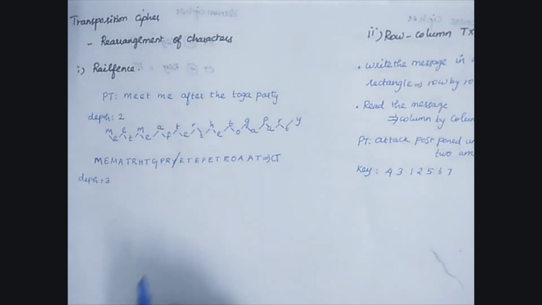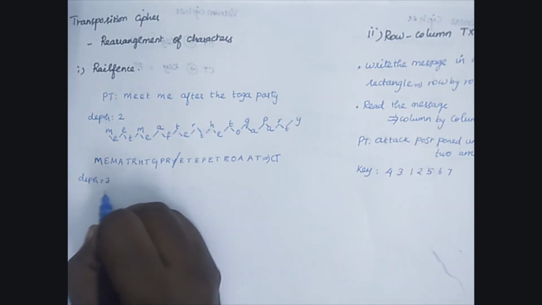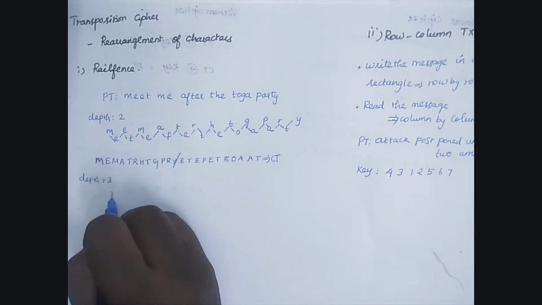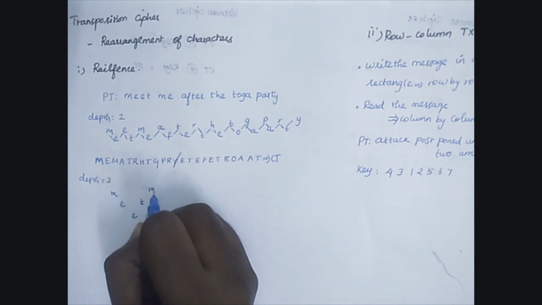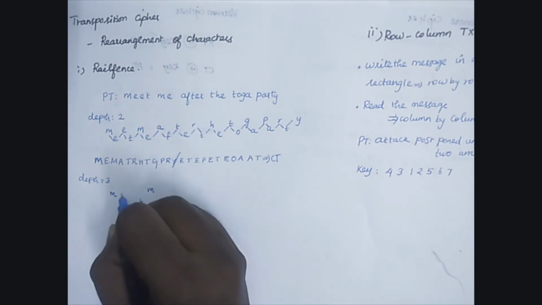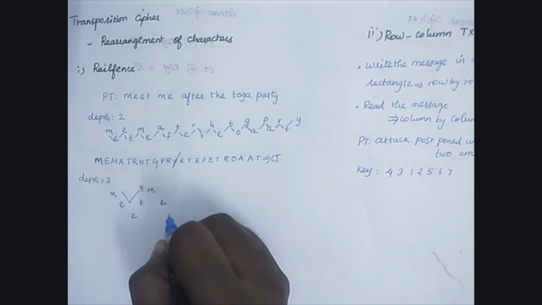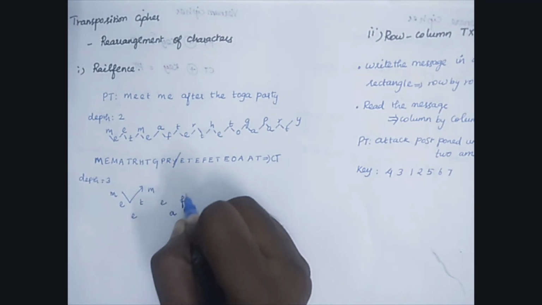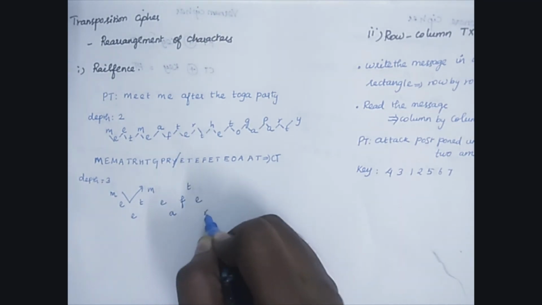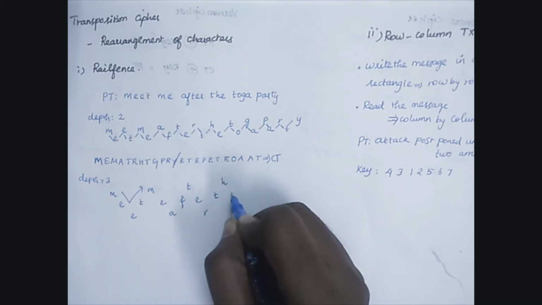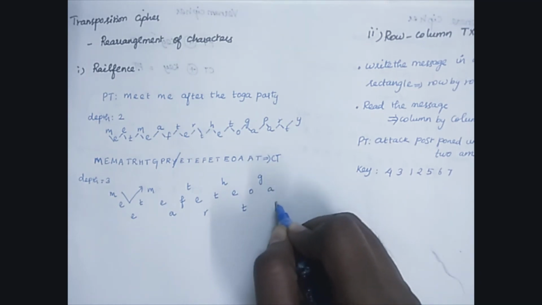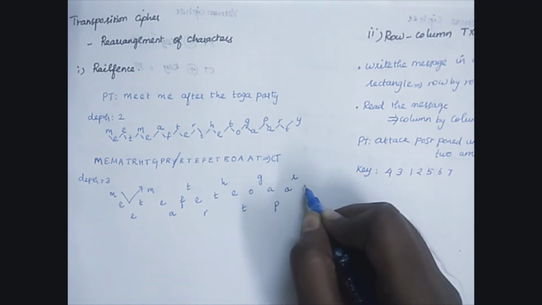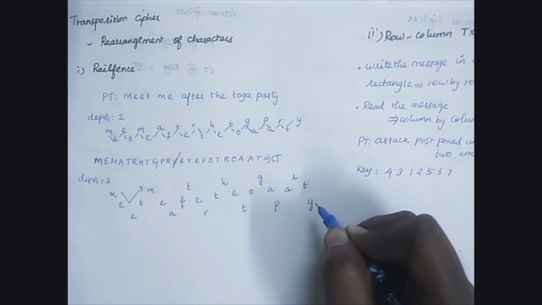If the depth value is 3, the same procedure will be continued, but we need to write the characters with depth 3. MEET ME AFTER THE TOGA PARTY.